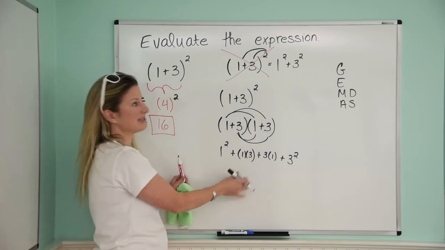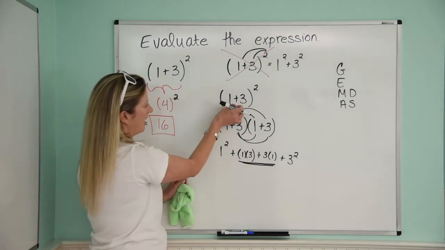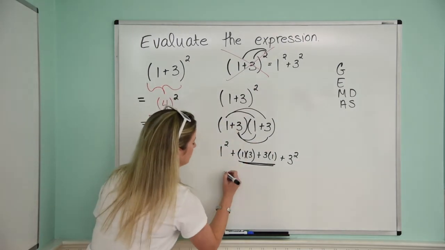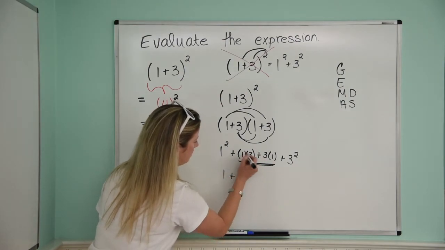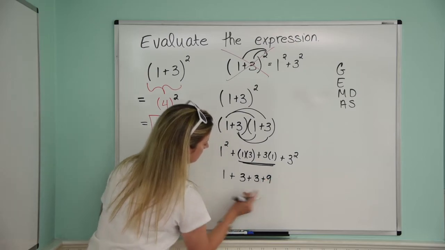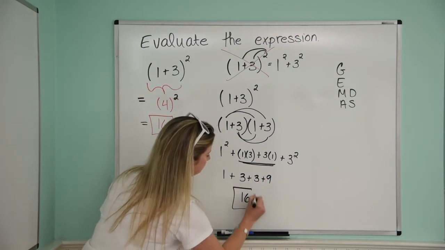You just said that didn't exist by distributing that squared. So you have to evaluate this and then square it, or do it the long way through FOILing. So this becomes 1 plus 3 times 1 is 3, 3 times 1 is 3, plus 9. This is fun: 1 plus 9 is 10, 3 plus 3 is 6, so that's just going to be 16.